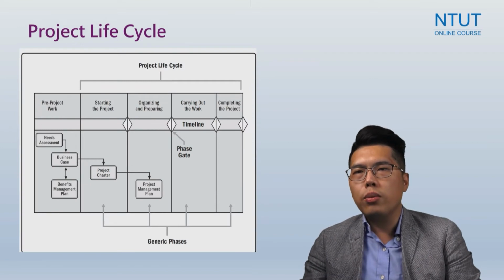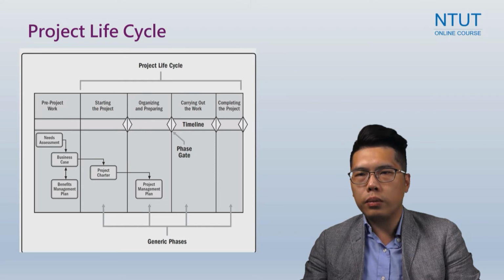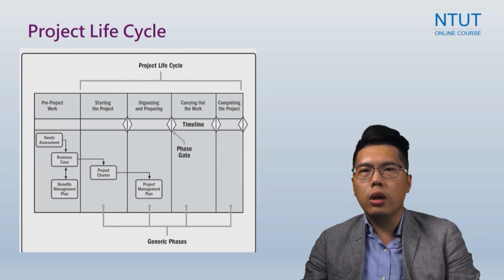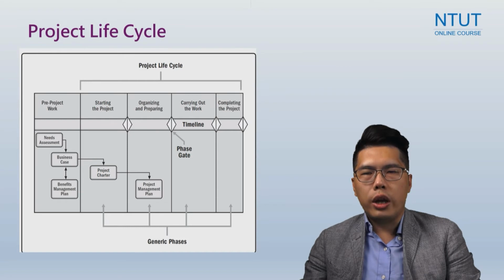And once you start to manage the project, you have to understand which phase you are in the project. And here is a project life cycle, which is very important to the project manager because it helps them to understand which stage they are at.